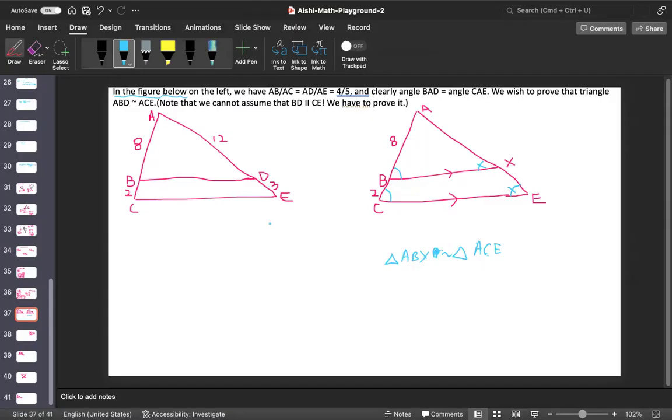So how do we do this? Let's start with some side ratios, so we can use them to prove that X is the same point as D. Let's start with AX by AE.